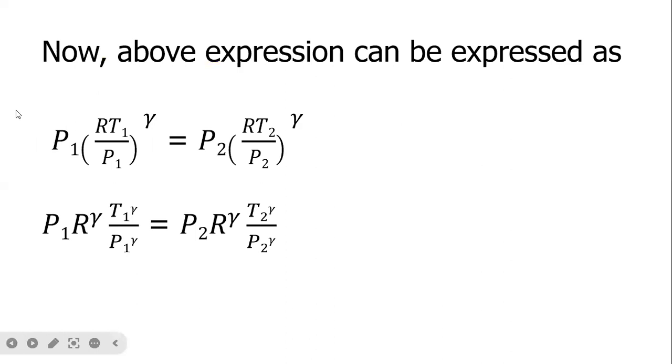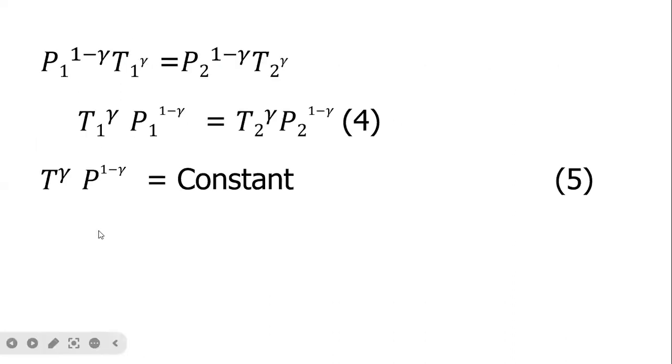So P1 (RT1 by P1) to the power gamma equals P2 (RT2 by P2) to the power gamma. R to the power gamma cancels, and so P1 to the power 1 minus gamma T1 to the power gamma equals P2 to the power 1 minus gamma T2 to the power gamma. That's why T to the power gamma times P to the power 1 minus gamma is constant.